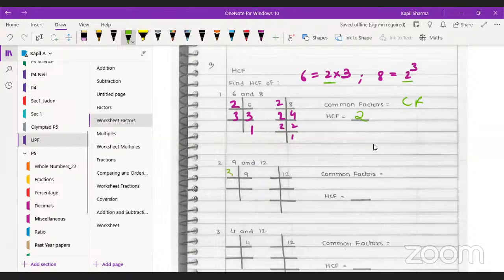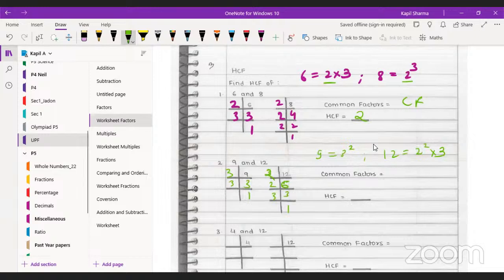Devika, so 3 times 3, 3 times 1, 2 times 6, 2 times 3, 3 times 1. So 9 is 3 square, 12 is 2 square times 3. So what's the HCF?